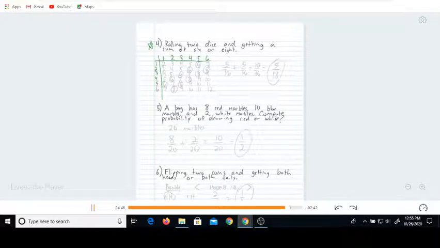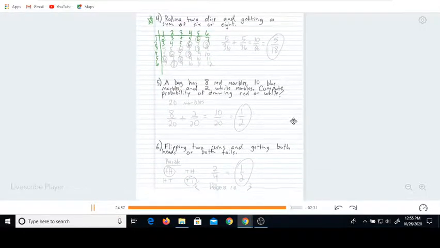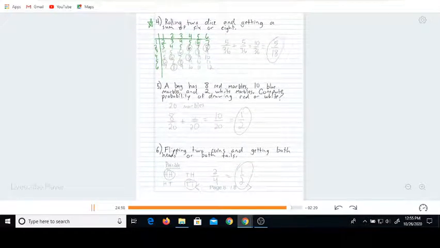So let's outline all the possibilities. You could roll 2 ones, in which case you get a sum of 2. You can roll a 2 and a 1, 3. So basically every single time you're just adding 1. Add 1, add 1, add 1. It's a pretty simple pattern. So we're just going to quickly go through all the possibilities here of rolling 2 dice.